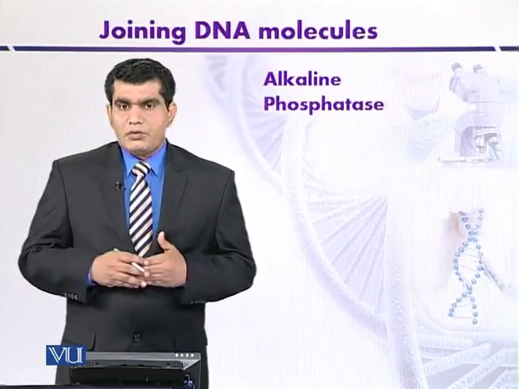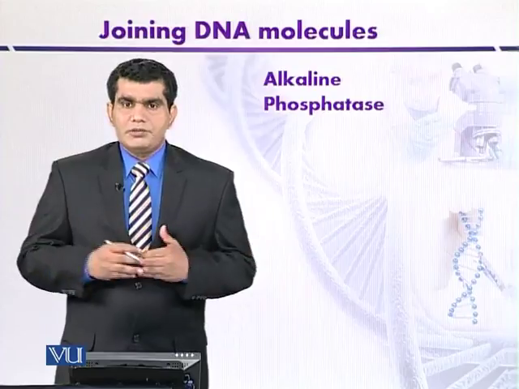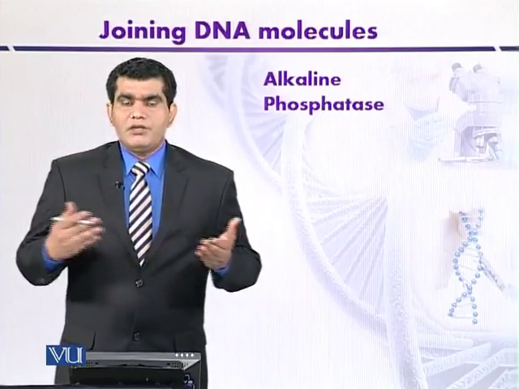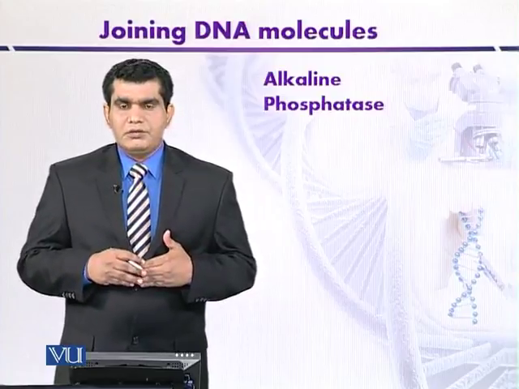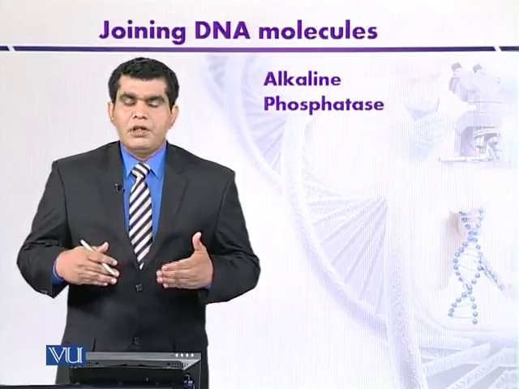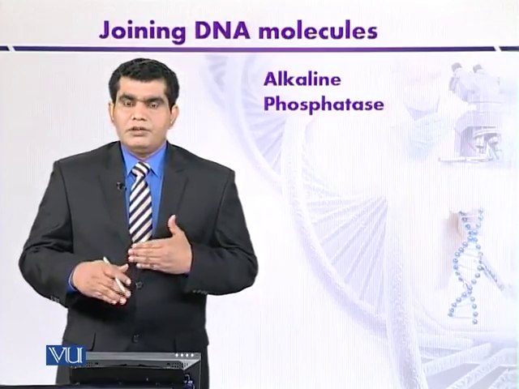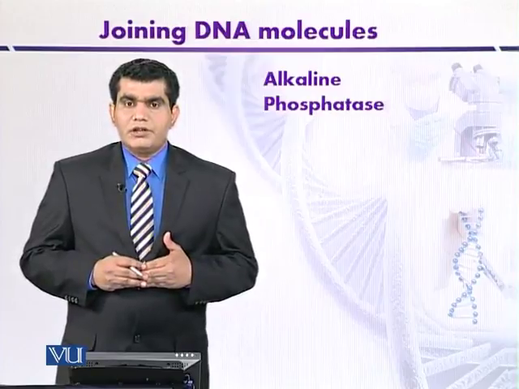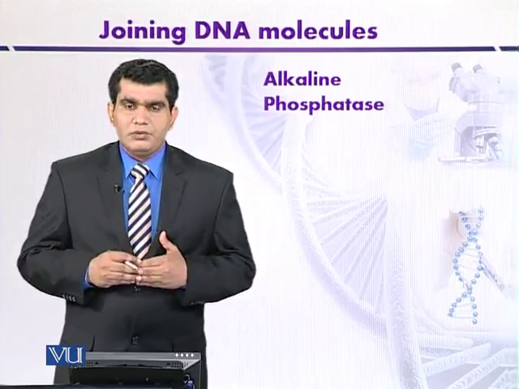In addition to microbes, in other organisms, even humans, alkaline phosphatases can be isolated from liver, kidney or other tissues as well. So this alkaline phosphatase enzyme is very important in gene manipulation so that we can get high frequency of recombinant molecules in vitro.